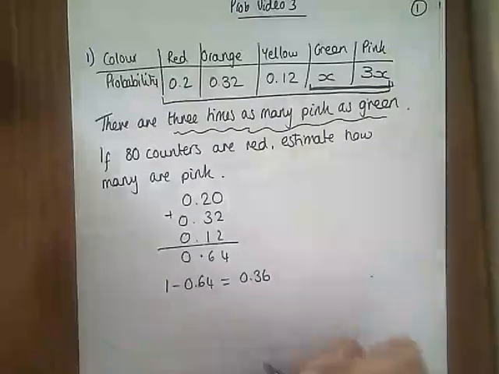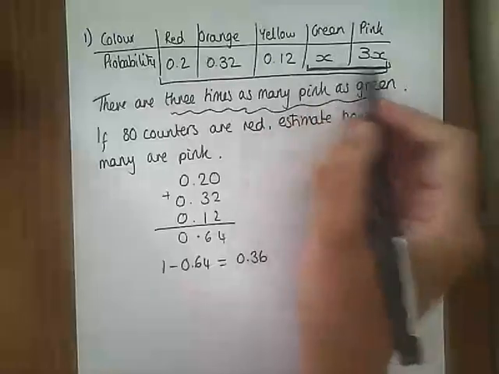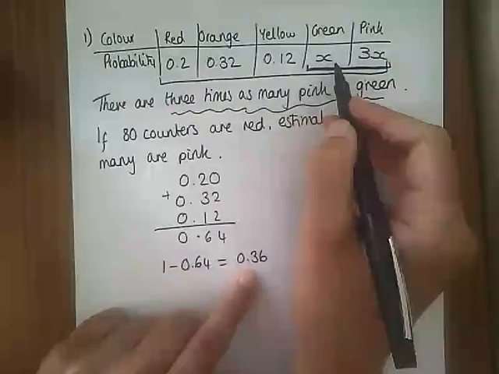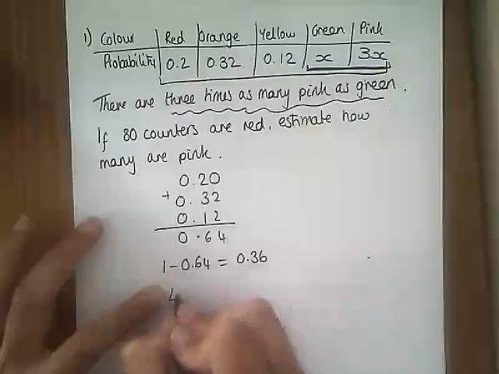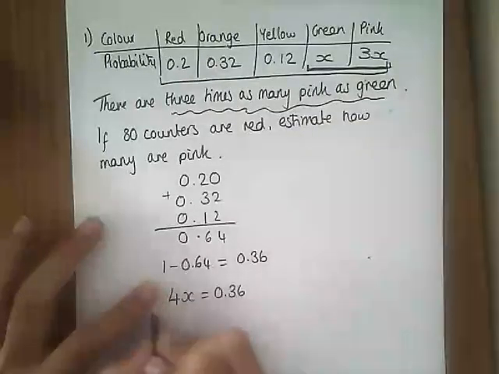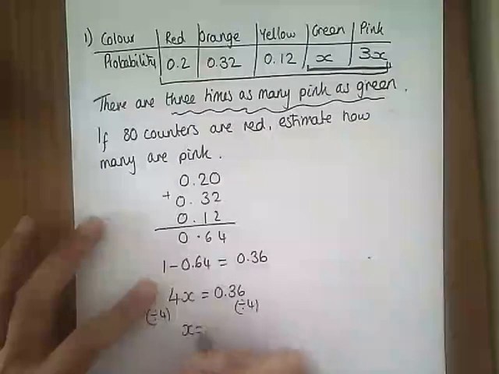Okay, in total, our 2 missing ones, our pink and our green, have to add to 0.36. So 0.36 is worth 4x because they add up to 4x. So 4x equals 0.36. So that means x is 0.36 divided by 4, which is 0.09.